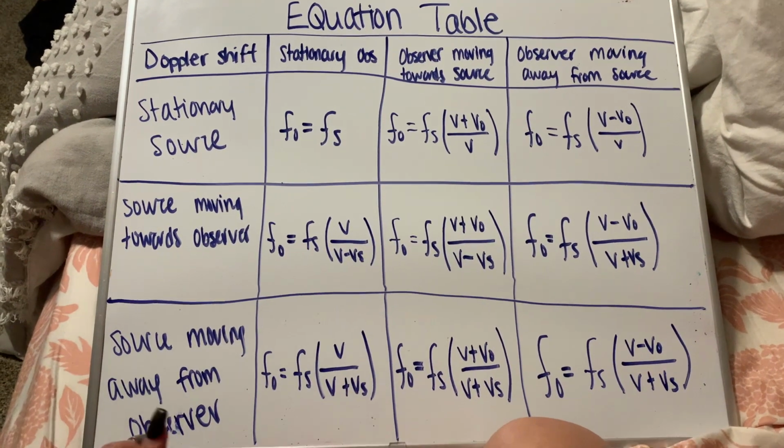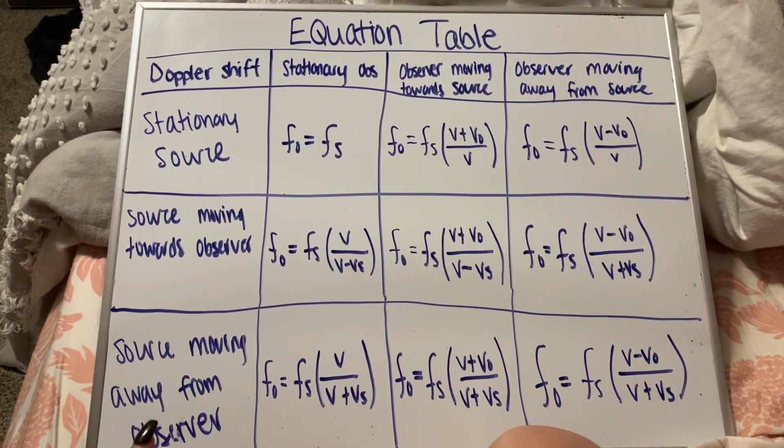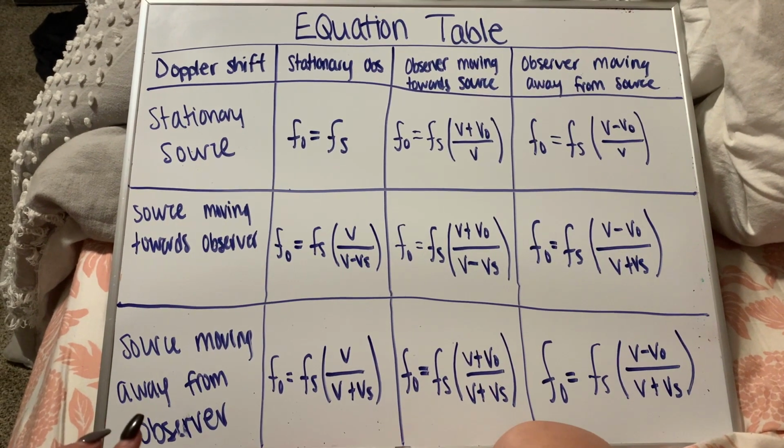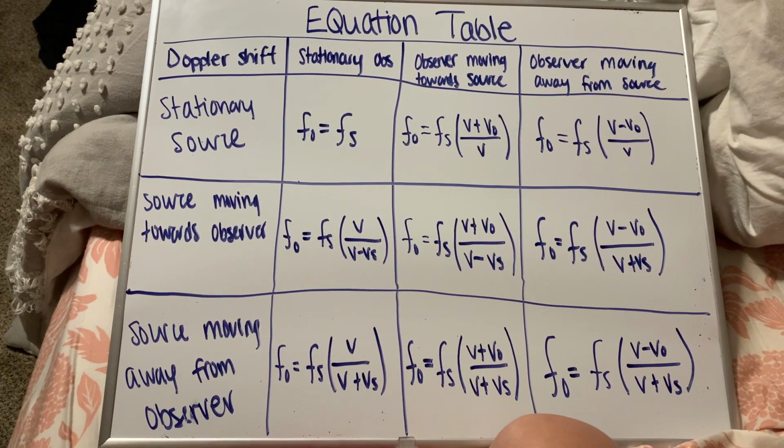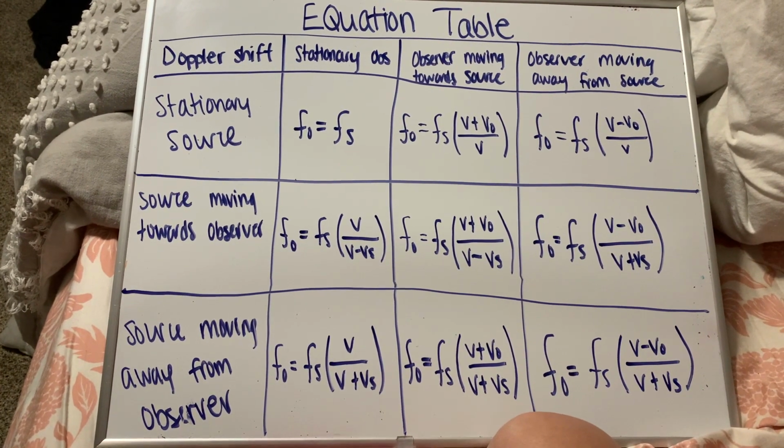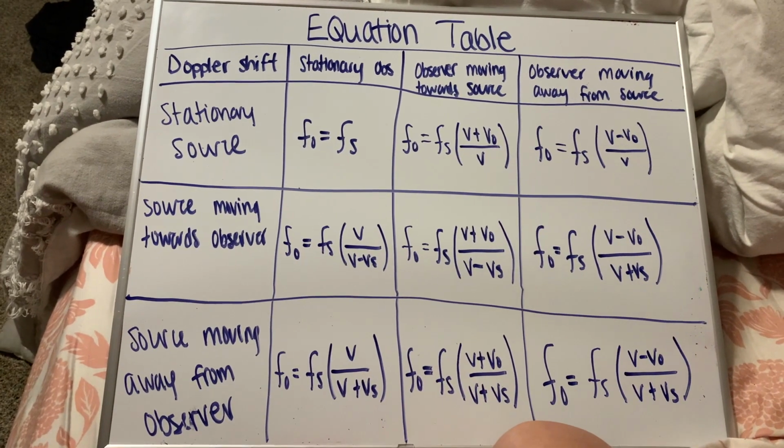If there's a stationary source and the observer is moving toward the source, then f_o equals f_s times (v plus v_o) over v.